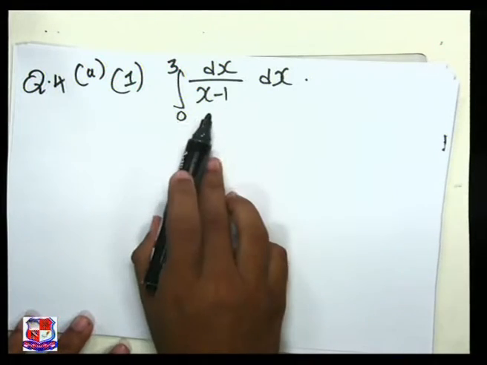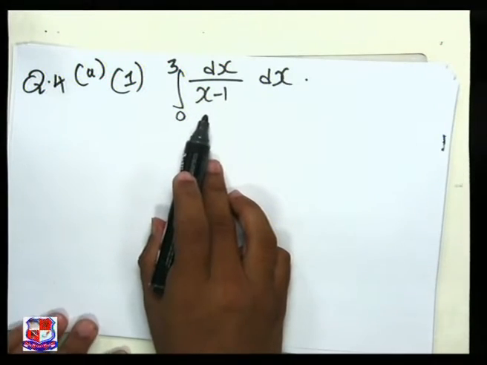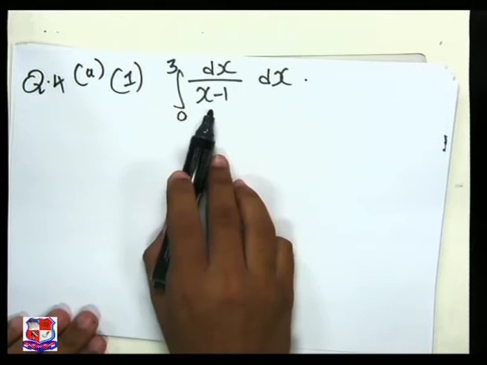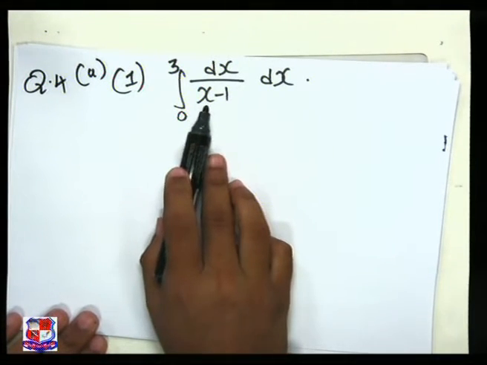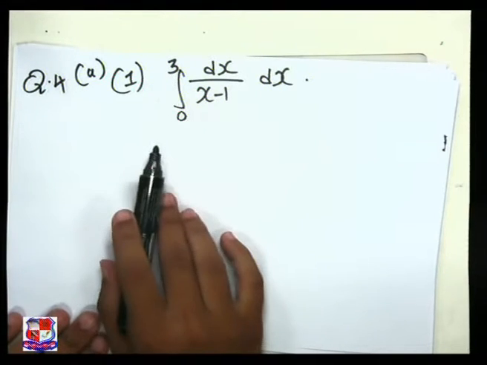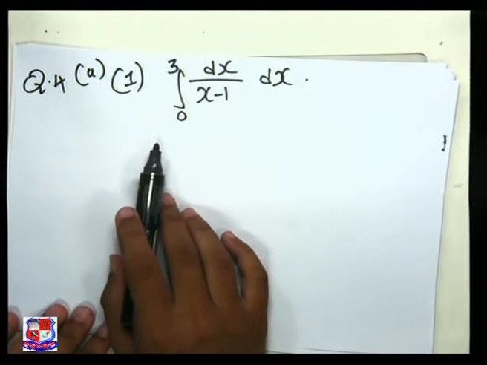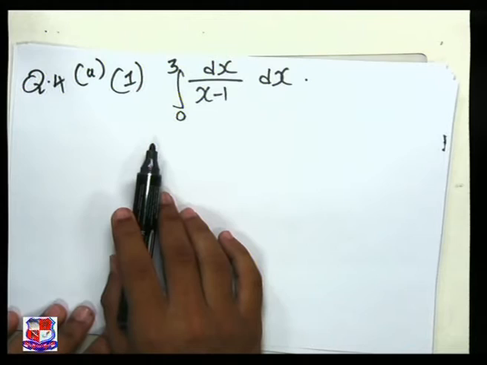Now this is an example of the chapter of improper integral. You can see the denominator becomes 0 when x is equal to 1, and 1 is between 0 and 3. So we cannot directly solve this integration.